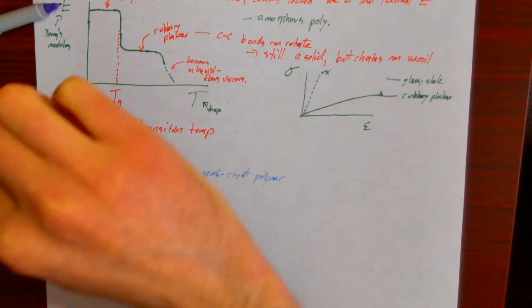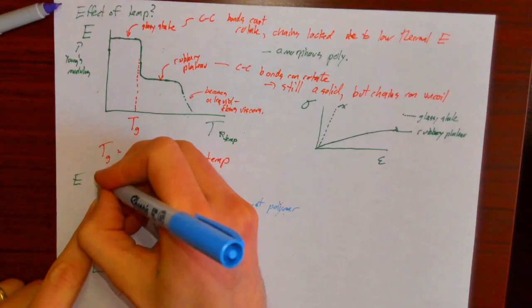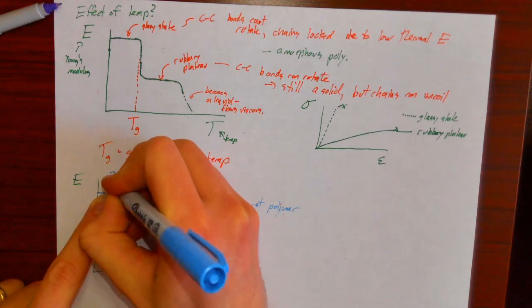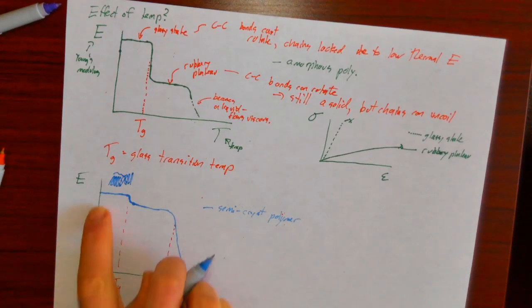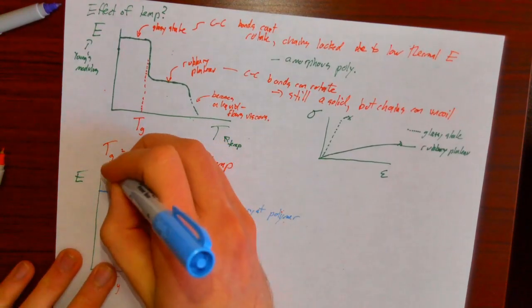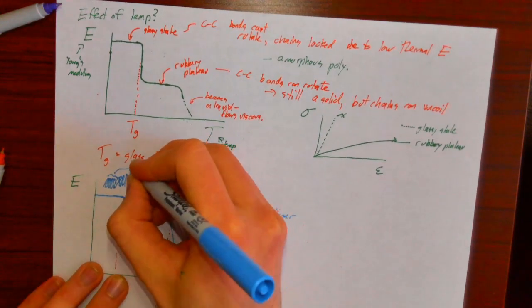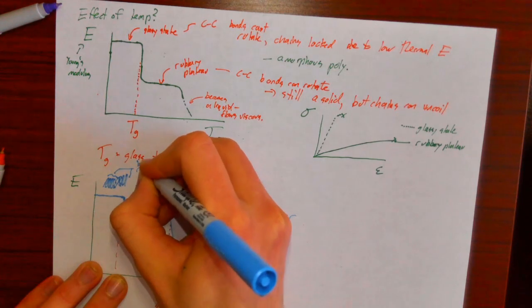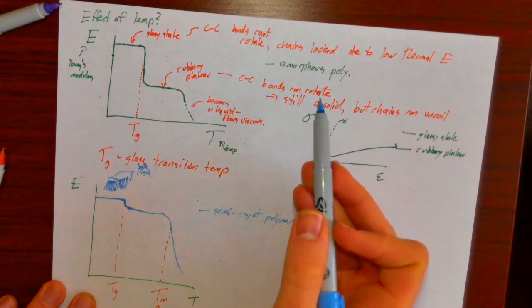So what's the key thing with a semicrystalline polymer? In this state, we have our crystalline regions, and we also have our amorphous regions. And below the glass transition temperature, both the amorphous regions and the crystalline regions are rigid. So both rigid, right? In the same way that an amorphous polymer below its glass transition state is also rigid.